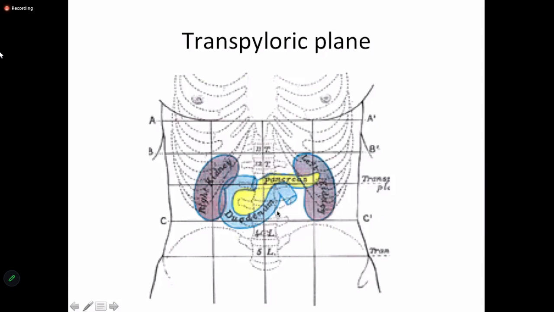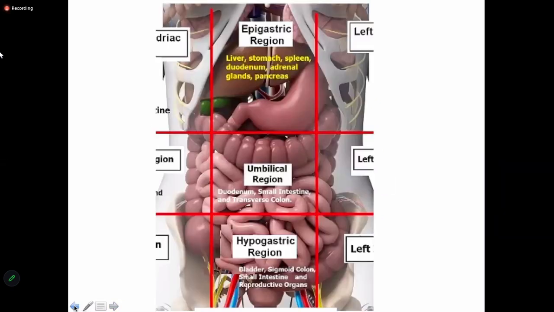Those are all retroperitoneal. So, solid organs will give rise to continuous pain, whereas the hollow organ will give rise to a colicky pain.